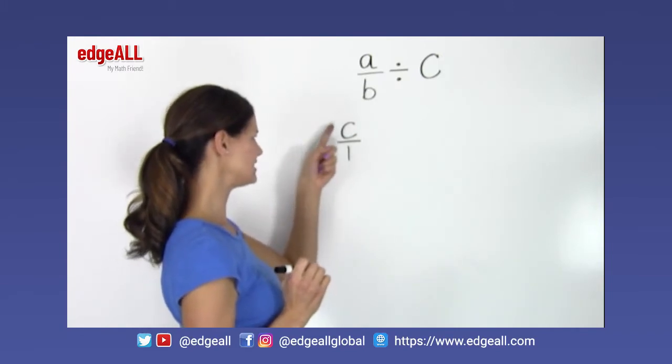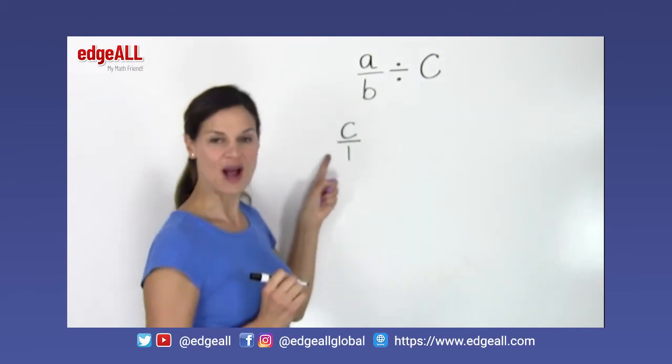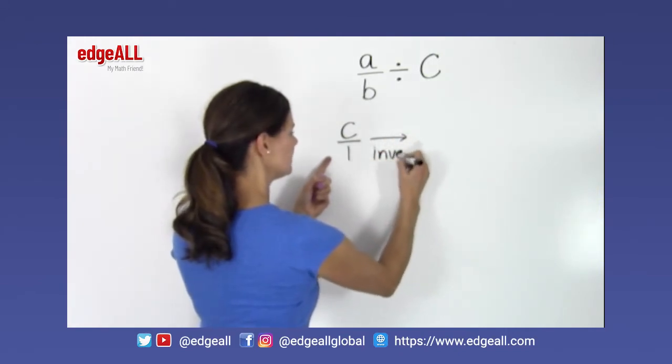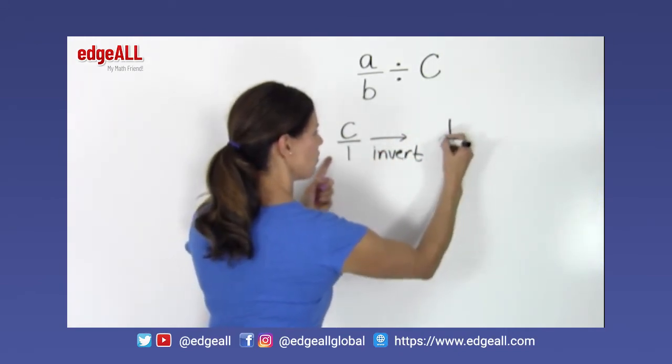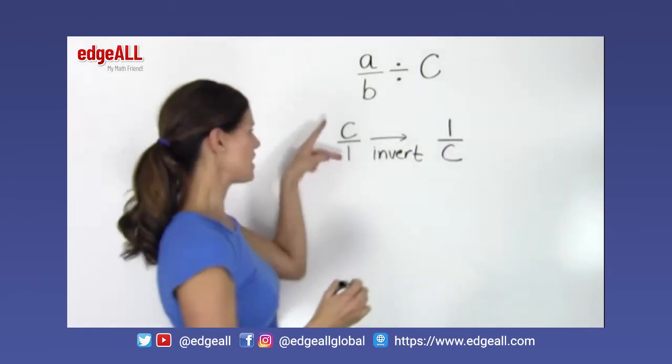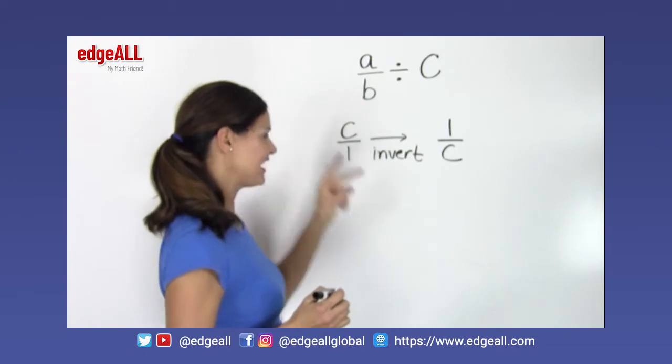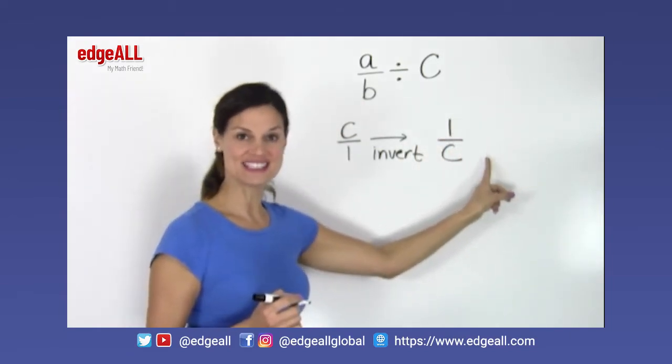Any whole number is just that whole number over 1. And then we invert to 1 over c. We flip our c over 1 over, and we make it 1 over c.